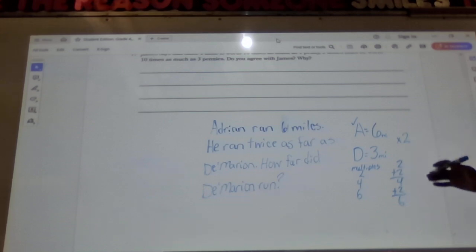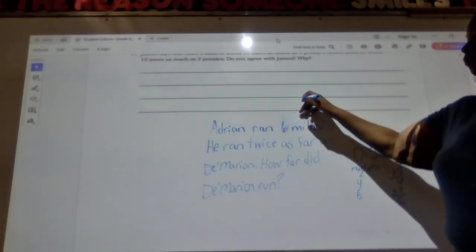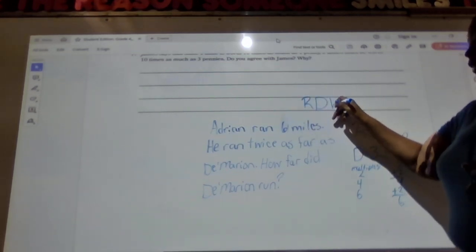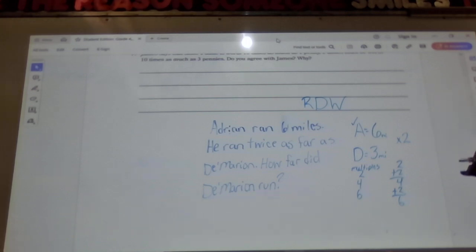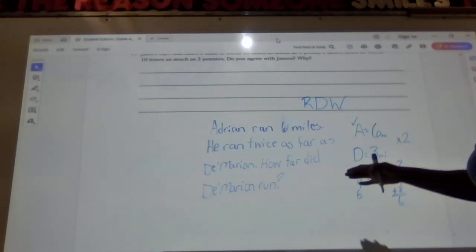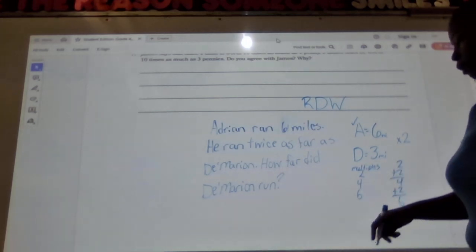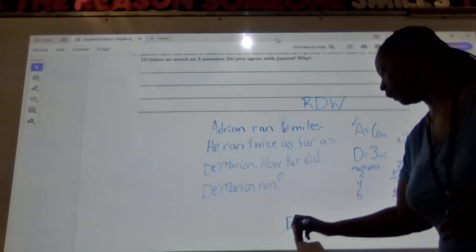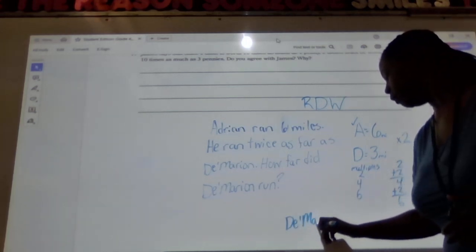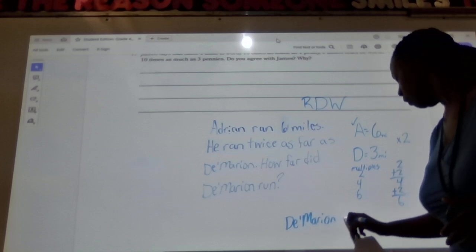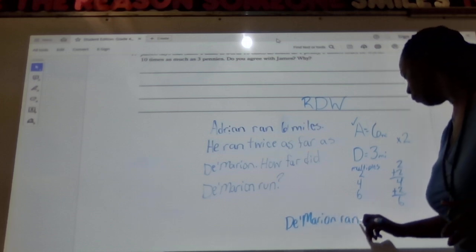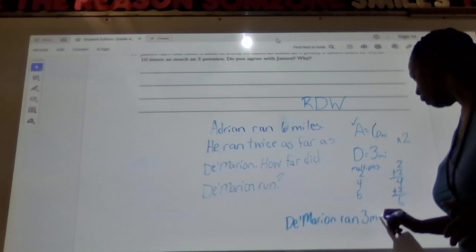So we read it, we drew it out. Now we get ready to write, because this is the read, draw, write process that we do with every word problem. So my sentence would be, I'm rephrasing the question that they gave me, how far did Demarion run? Demarion ran 3 miles.